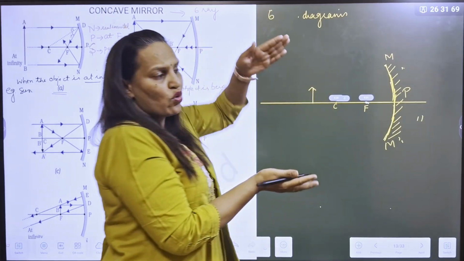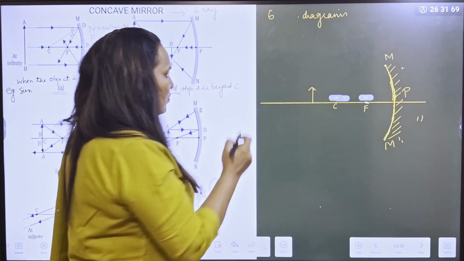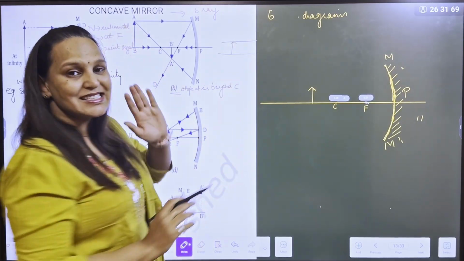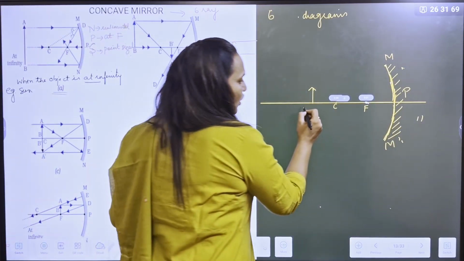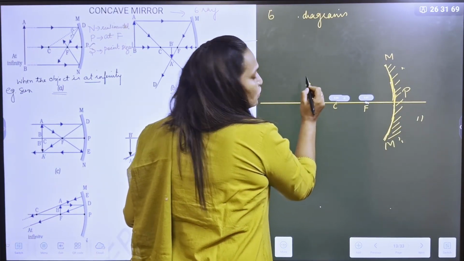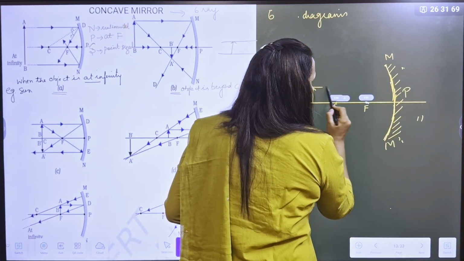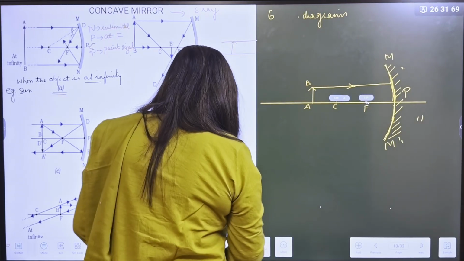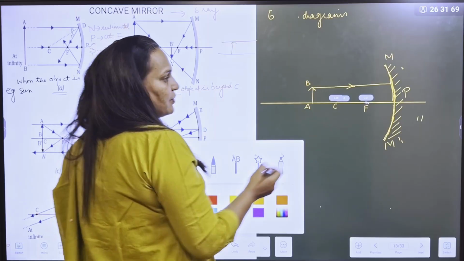Don't draw the object too big. You have a ruled notebook, so one line object is enough. This is my object AB. The first ray goes parallel to the principal axis. How will it reflect? Everybody knows.